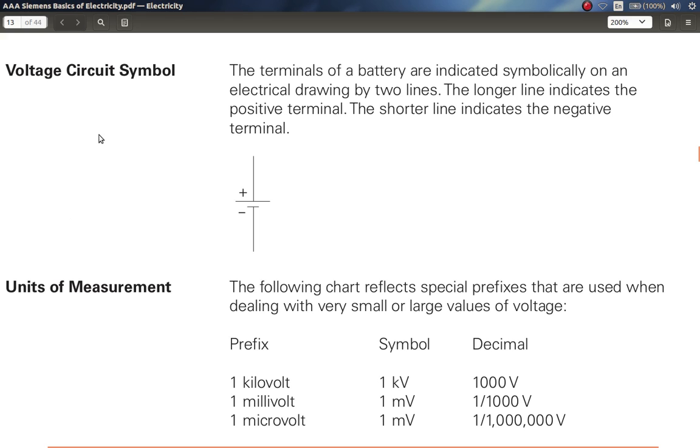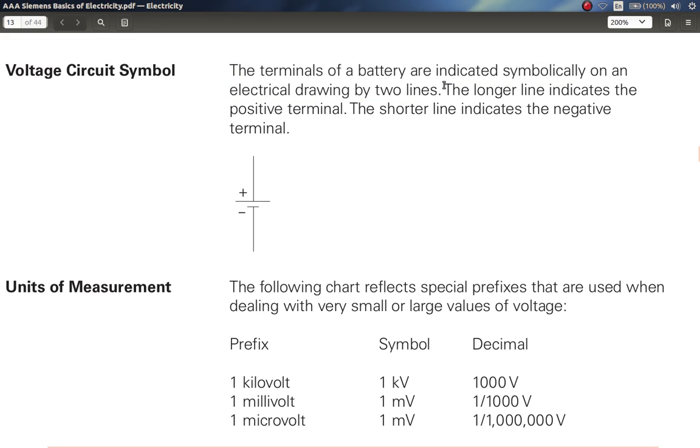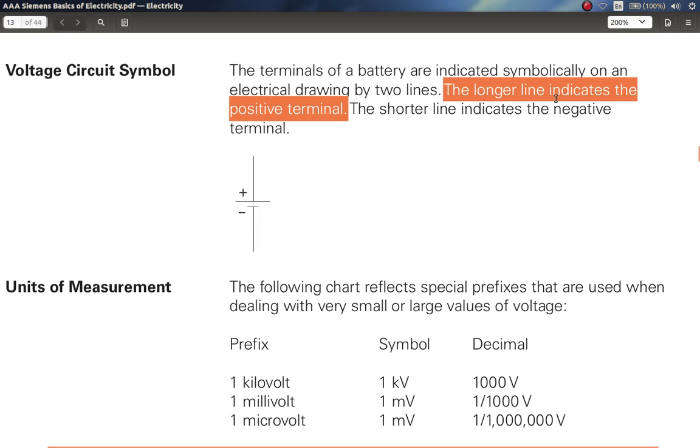So we continue. Voltage circuit symbol. The terminals of a battery are indicated symbolically on an electrical drawing by two lines. The longer line indicates the positive terminal.